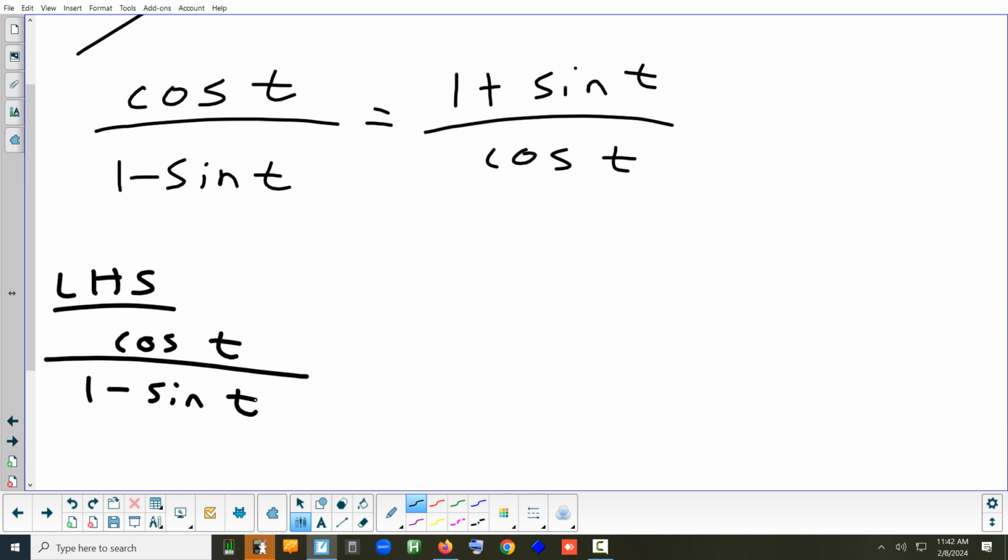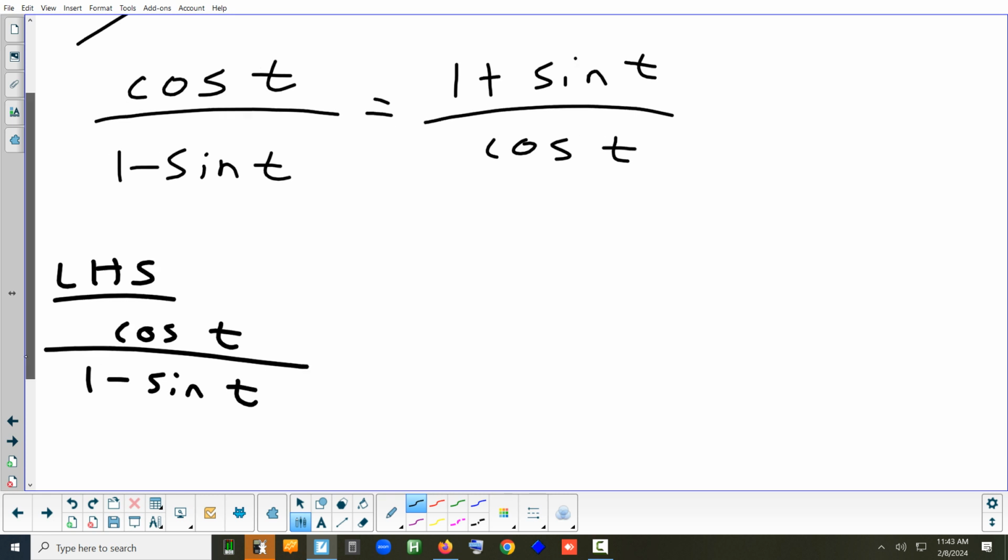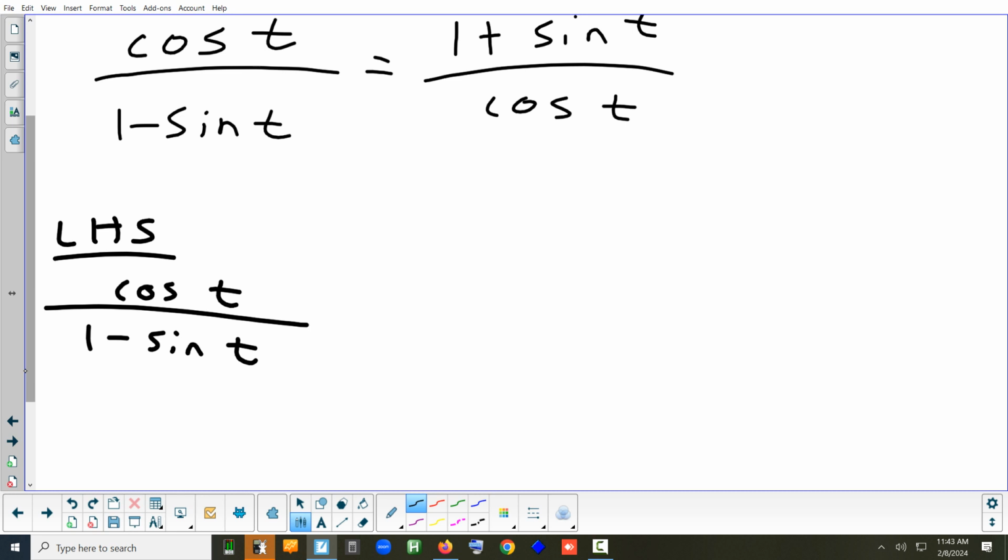Is it possible? Well, how many fractions do we have here on the left-hand side? We have 2 denominators. The one in the negative sign. Those are 2 different fractions? I mean, no, they're two different denominators. Technically, you could do cosine over 1 plus cosine over negative sine.